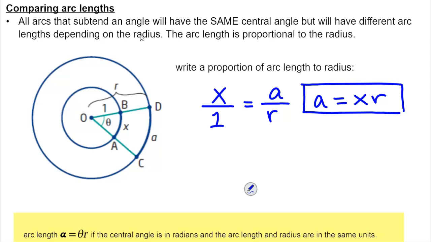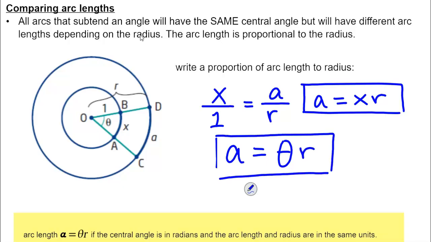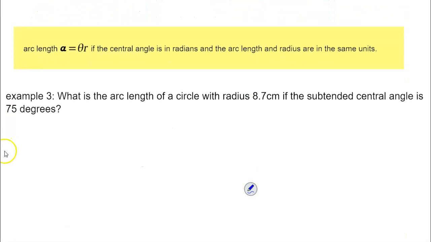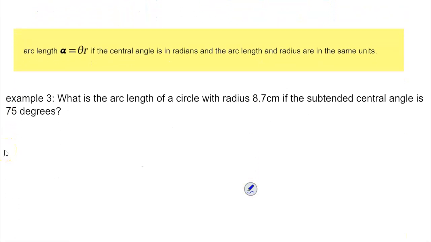So we can rewrite this as the arc length is equal to theta times the radius. That is true, and you can see that little formula there in the gray box right here. So the arc length A equals theta times R if the central angle is in radians, and the arc length and the radius are in the same units.